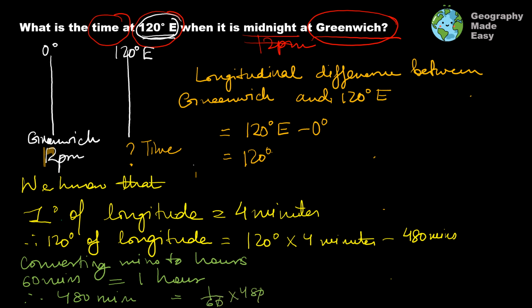If I cancel, it is going to come as 8 hours. So the difference in hours between the longitudes 120 degrees and 0 degrees is 8 hours. We have calculated. Now let us look at the time which will be there. So if it is 12 p.m.